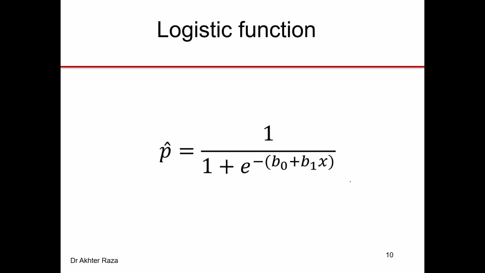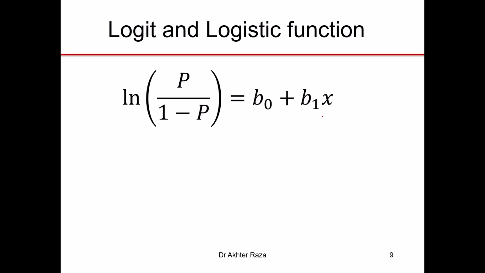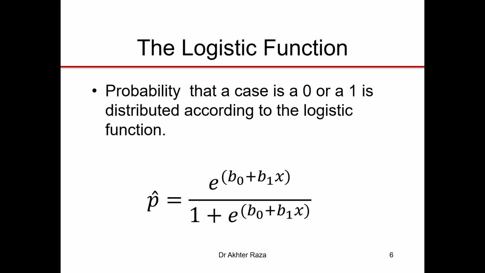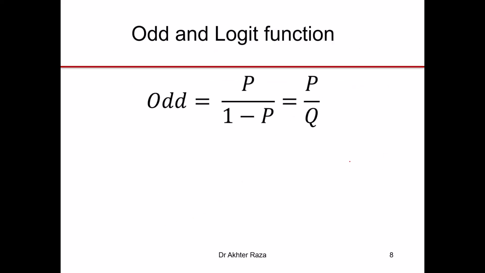Logistic function can also be written as, the actual function was what? The actual function was p cap is equal to e raised to the power y divided by 1 plus e raised to the power y. But if we transform the numerator to the denominator, how can we do that?